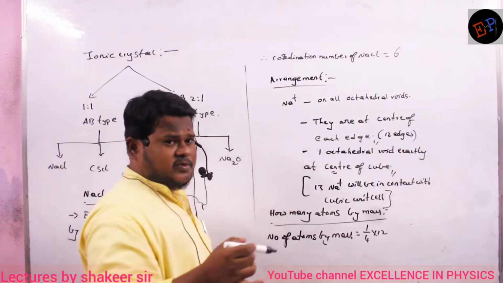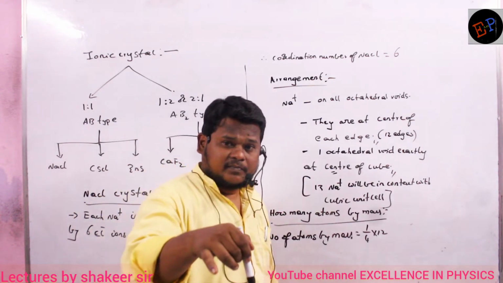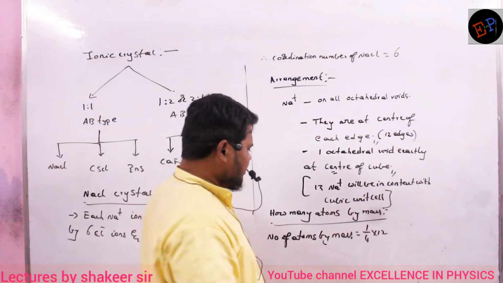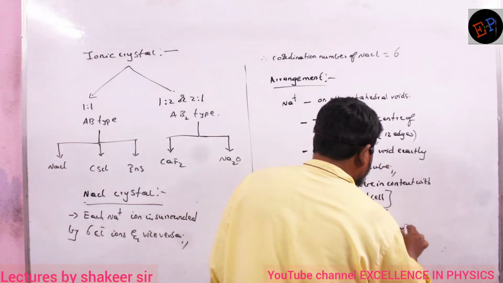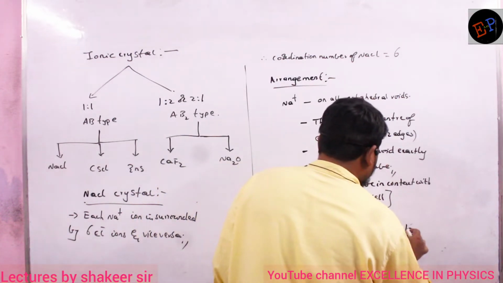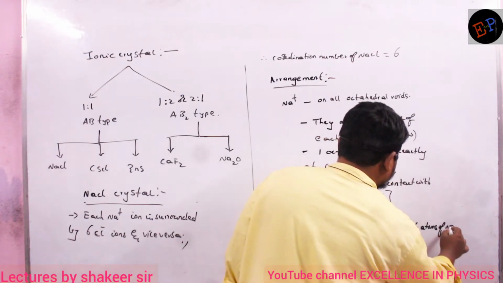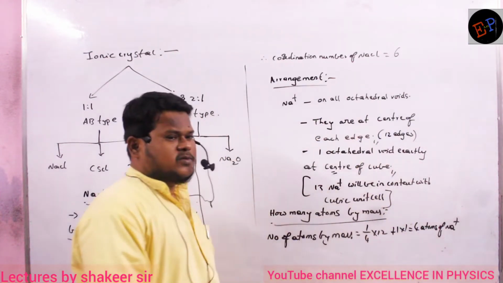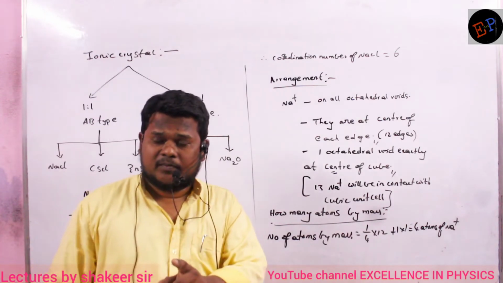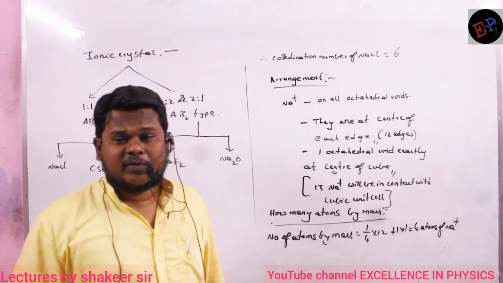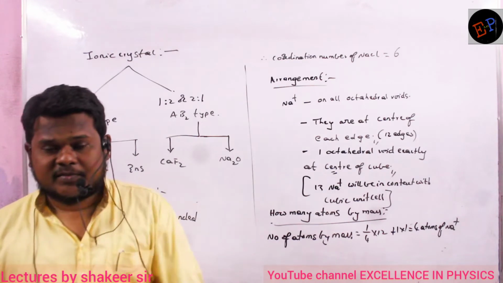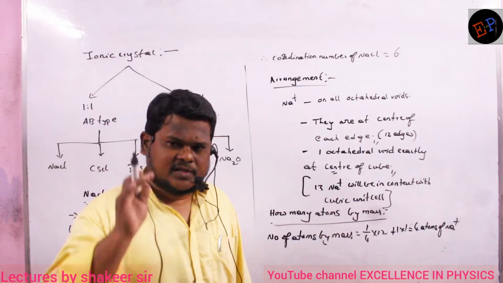And what is the contribution when atom is present at the center? 100% contribution. So plus 1 into 1. So total how much? 3 plus 4, 4 atoms of Na plus. Are you able to understand? So in cubic unit cell, by mass, how many sodium atoms will be present? 4 sodium atoms will be present. Are you able to understand how we are calculating?